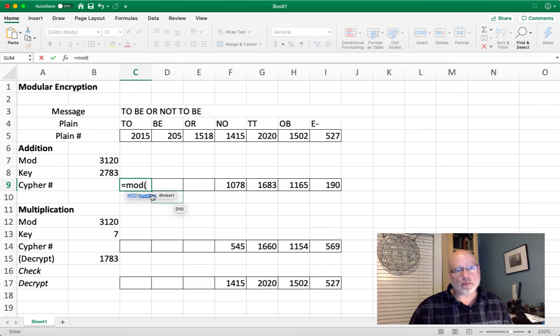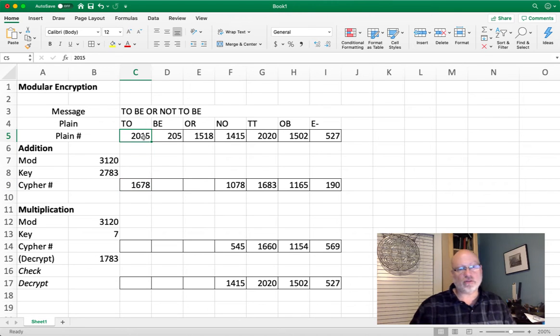The number I want to plug in is the sum of this number and the key, so I can just click on this plus this, and then I want the divisor. So comma, that's for my divisor, and now I'm going to click the mod. If I close the parentheses and hit enter, 1678 is the result of 2015 plus 2783 mod 3120.